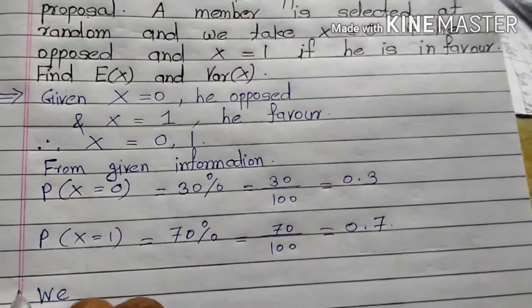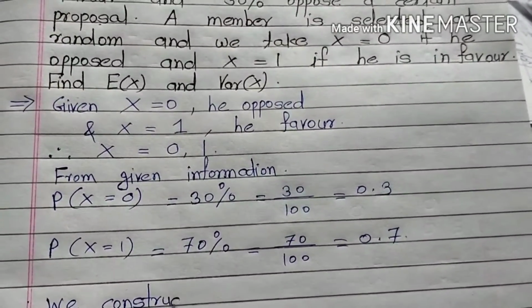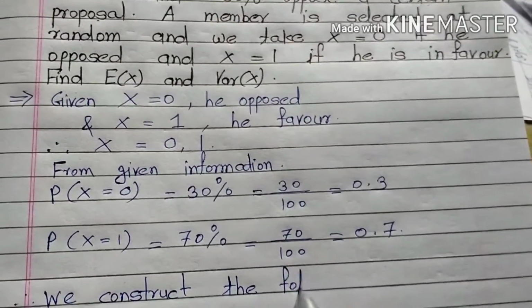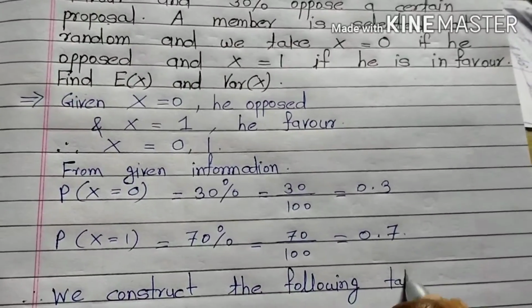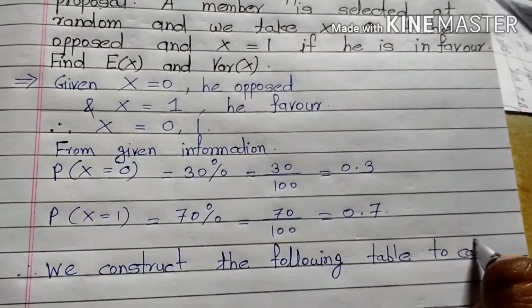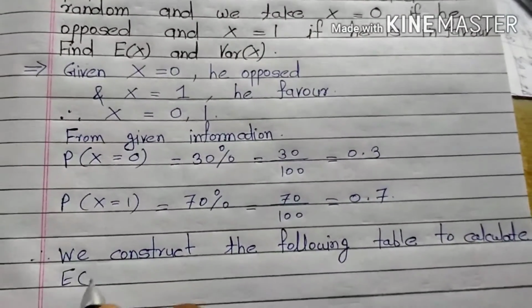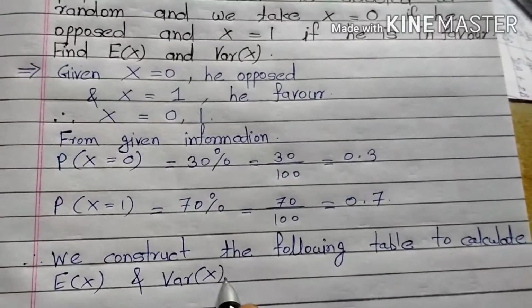So therefore we construct the following table to calculate expected value and variance of x.